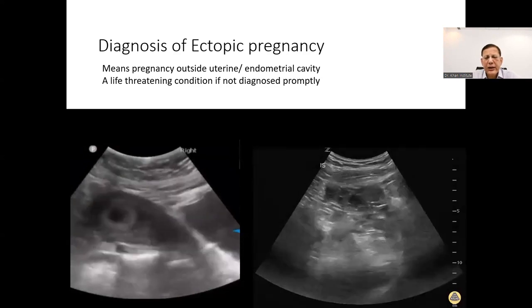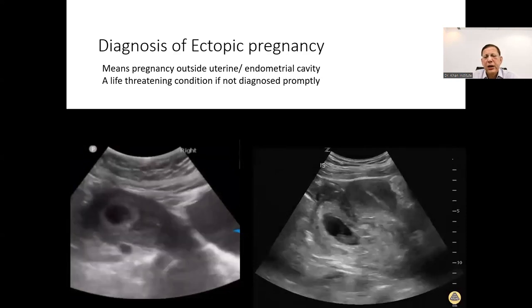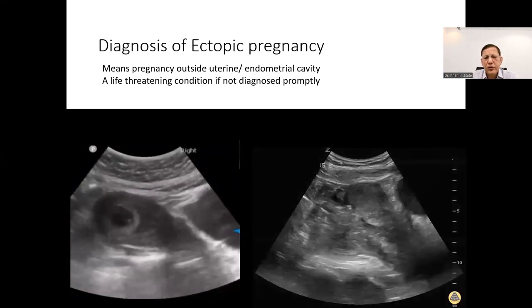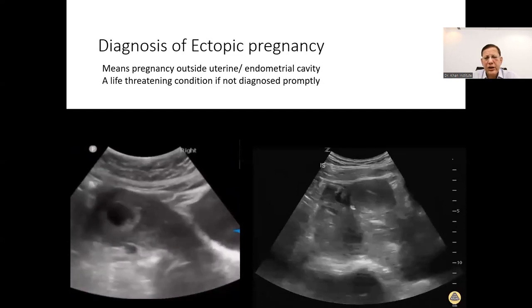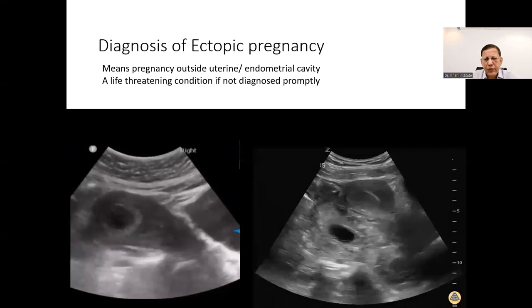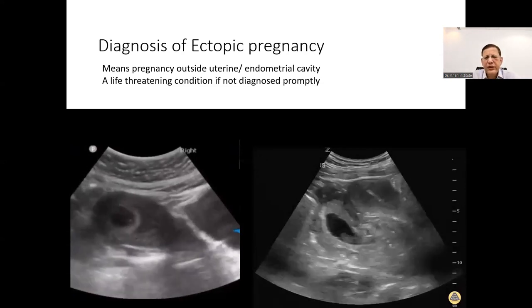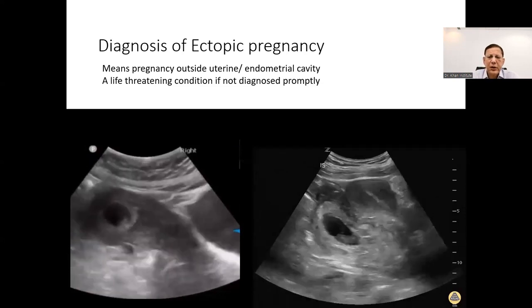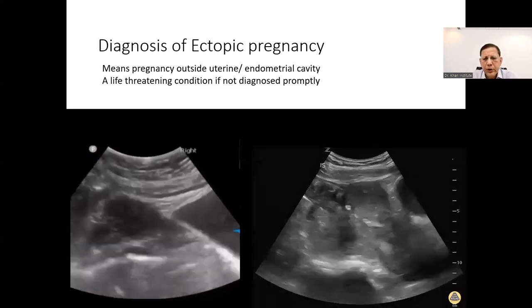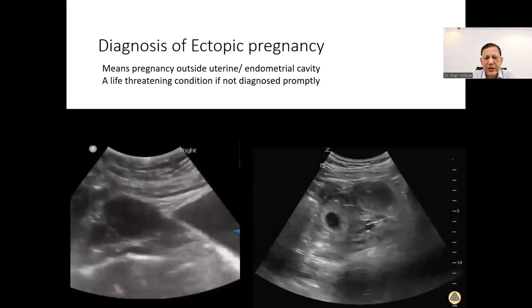There are other modalities like MRI, but that involves magnetic radiation to the patient as well as to the fetus, and it is very costly and takes time to issue the report. One other procedure is laparoscopy, which is a surgical procedure in which we put a tube with a camera and see the internal structures.